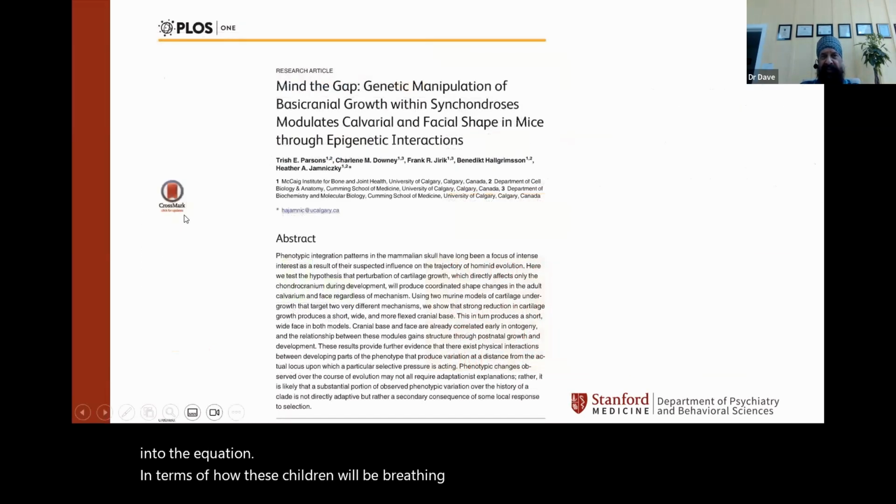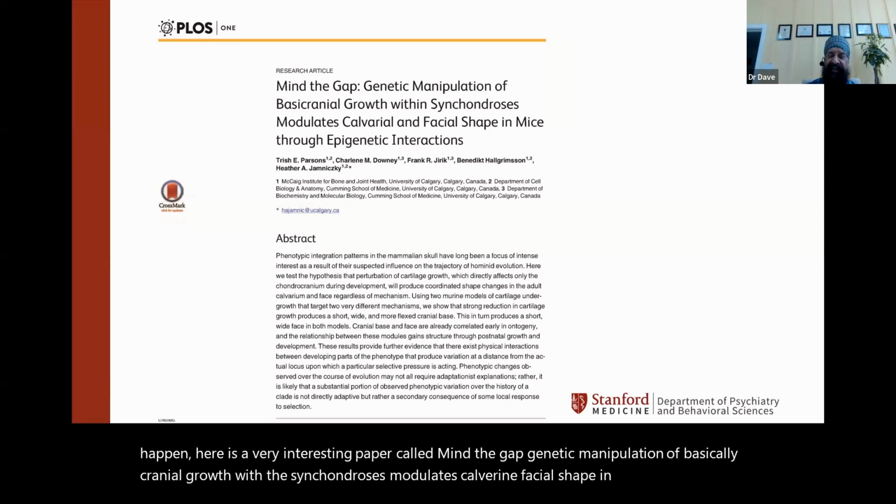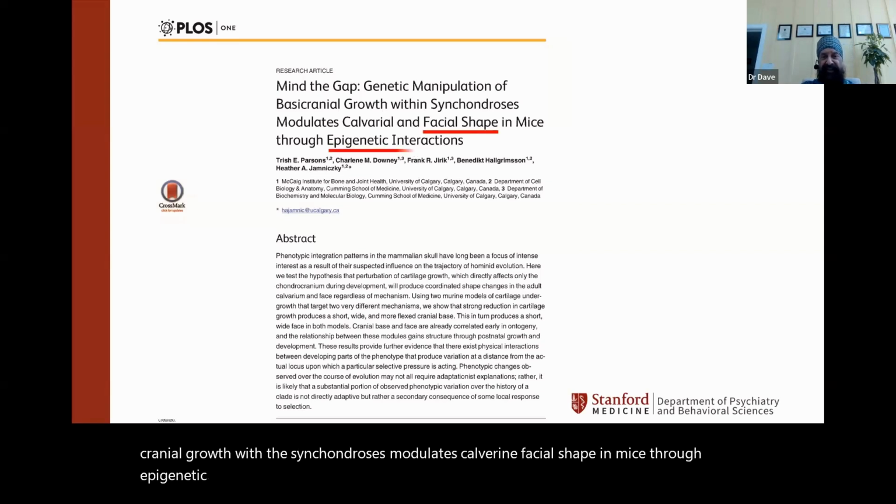And so when we think about what's going to happen here, this is a very interesting paper called Mind the Gap: Genetic Manipulation of Basicranial Growth within Synchondroses Modulates Calvarial and Facial Shape in Mice Through Epigenetic Interactions. Very interesting paper because the genetic abnormality here is occurring in the cranial base.